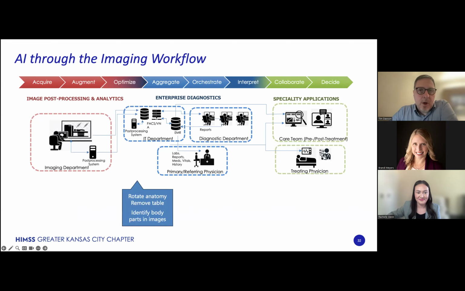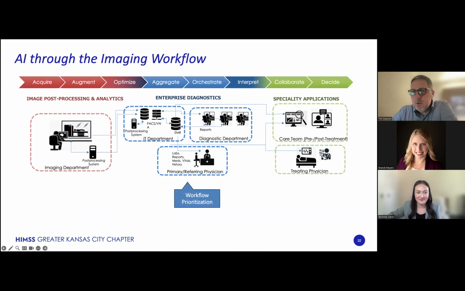We can rotate anatomy automatically. If you have a patient that's being scanned that's unconscious, they're not going to be able to hold their head straight up and down. And if they do that, the radiologist has to take time to rotate the images so that they can look at it vertically and compare the symmetry. We can automatically identify body parts in images. Again, prioritizing workflows.